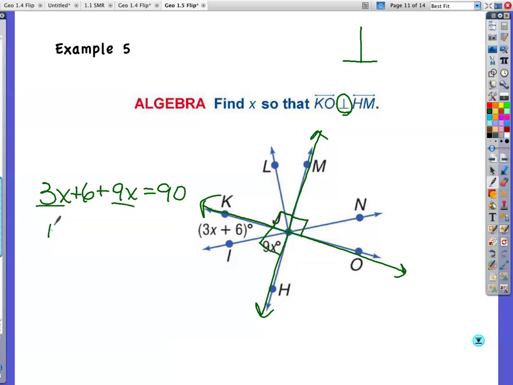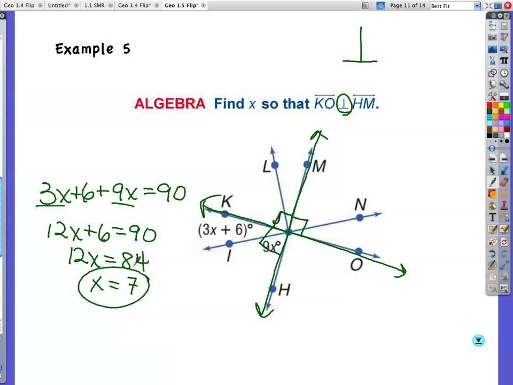Okay, combine like terms. Subtract 6 from both sides. Divide by 12. And we get x is equal to 7. Now I go back and it says find x. That's all I have to do.